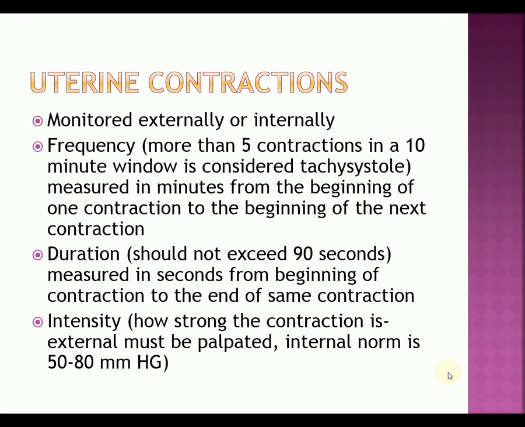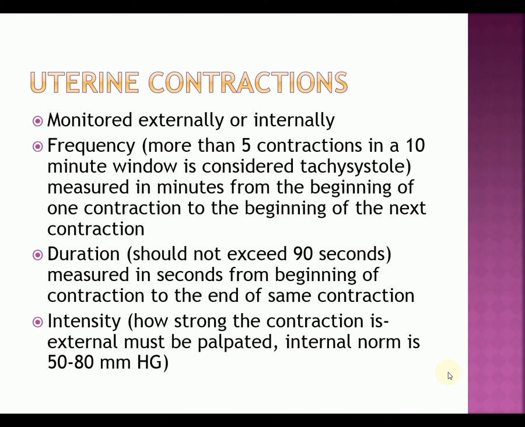If you think about it, if a contraction lasts 90 seconds, that's 90 seconds that the baby is getting a decreased oxygen supply, and at some point not getting any oxygen, because as the uterus contracts, the placenta is unable to operate and send out oxygen through the umbilical cord.